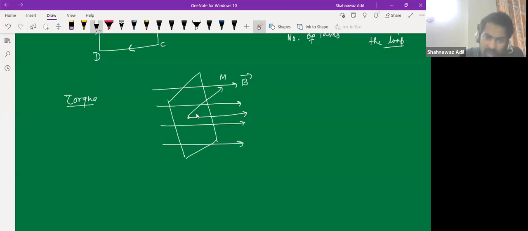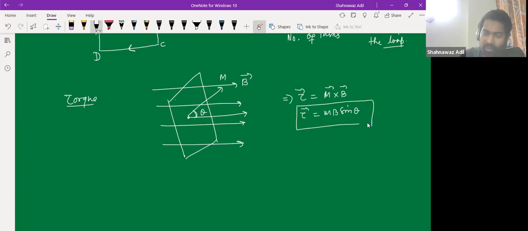So the torque due to this would be, since this has a direction m, torque equals m cross B, and this is mB sin theta.